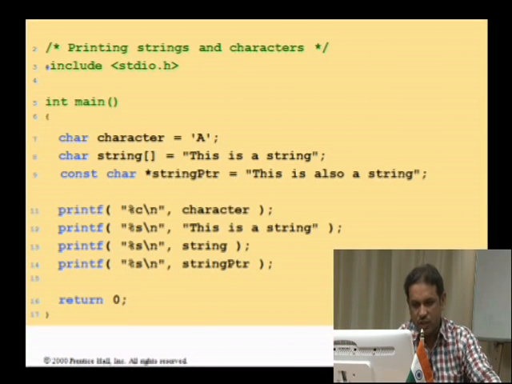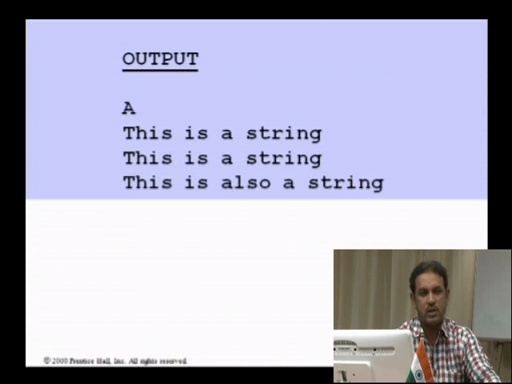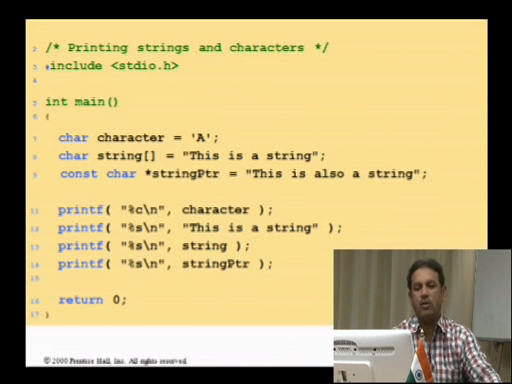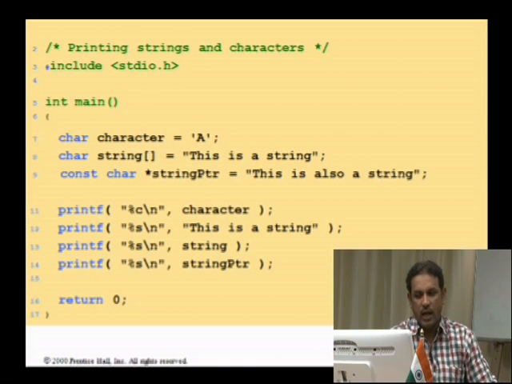Then the string pointer, this is also a string, that is, you have a pointer here, so string pointer, this is also a string. So this is how percentage c and percentage s are used for printing a character and a string. See, as this a is enclosed in single quotes and this is a string is enclosed in double quotes. Any string should be enclosed in double quotes, whereas a character should be enclosed in single quotes.